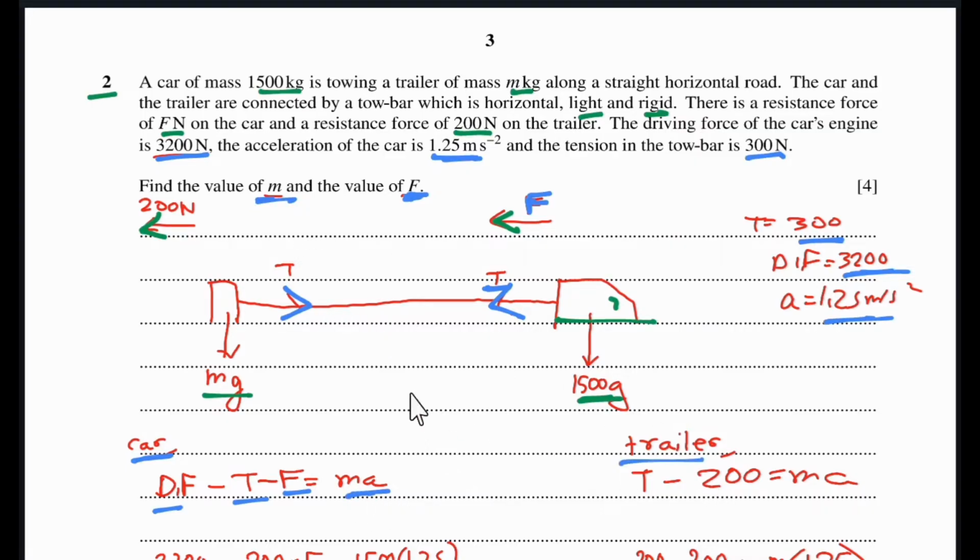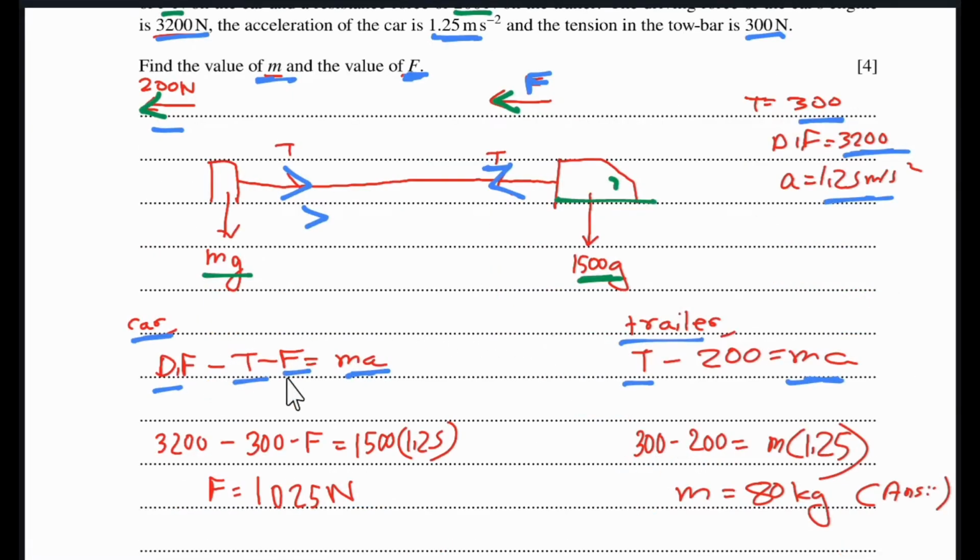For the trailer, the forward force is the tension force minus the backward force, that is 200 Newtons, equals mass into acceleration. After equating these two equations and substituting the value of acceleration, we get the value of m, that is 80 kg, and the value of force F, that is 1025 Newtons. We must give the units, kg and Newtons, for each of these quantities.